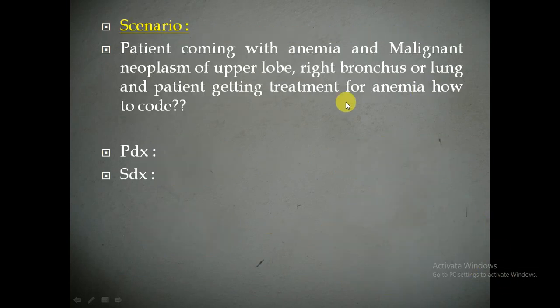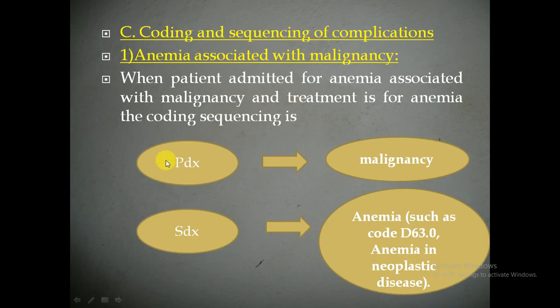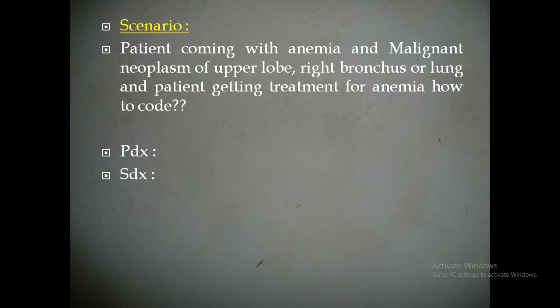So in order to understand clearly, we will see one scenario. Patient coming with anemia and malignant neoplasm of upper lobe, right bronchus or lung, and patient getting treatment for anemia. So how to code? As per the guideline here, patient is admitted for the anemia and he is also having the neoplasm malignancy and the treatment is to the anemia.